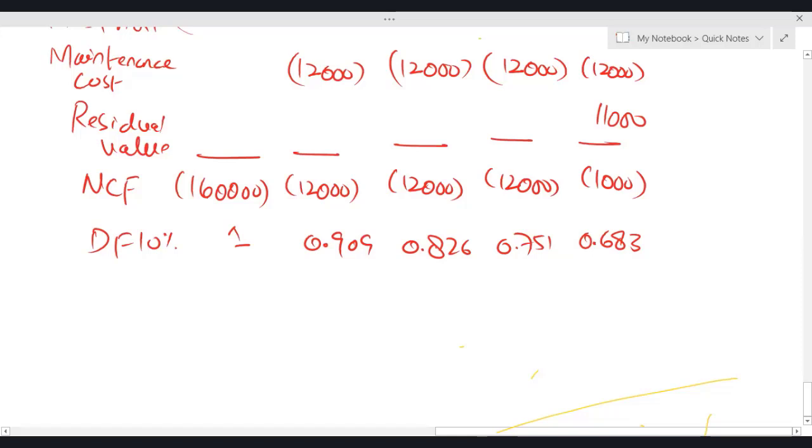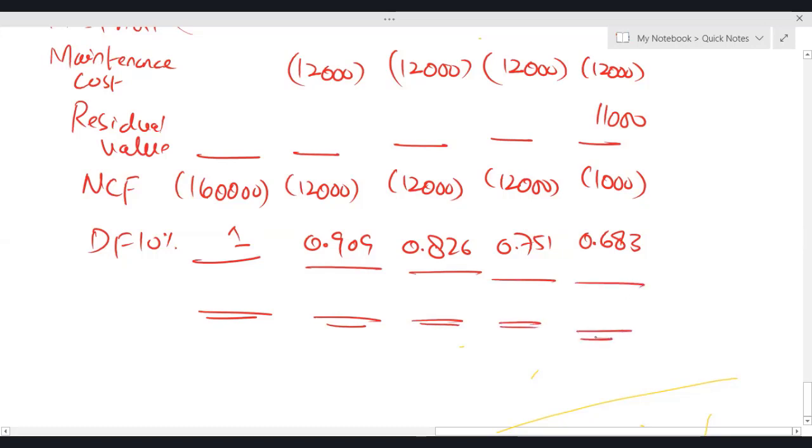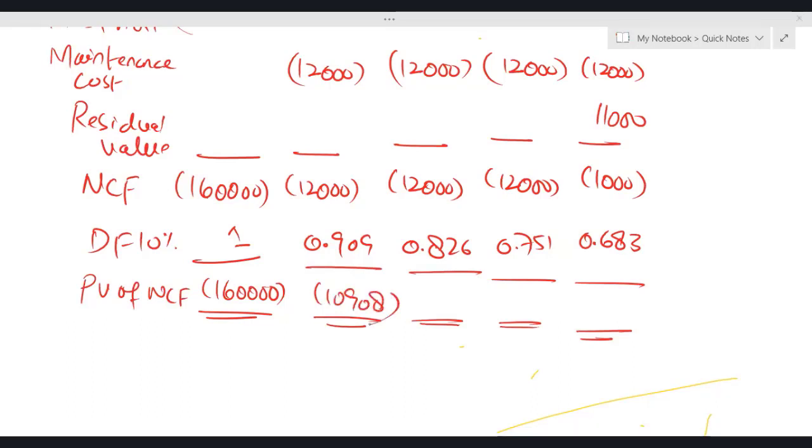Okay, now just present value of net cash flows. 1,60,000. Okay, 10908. 9912.